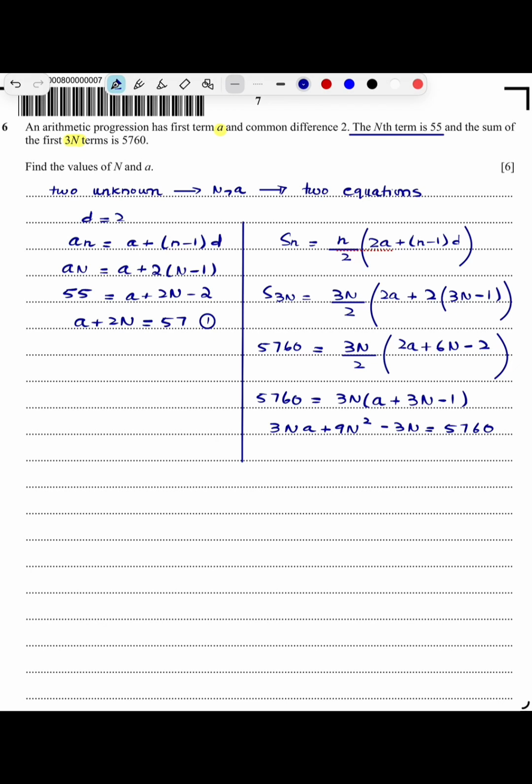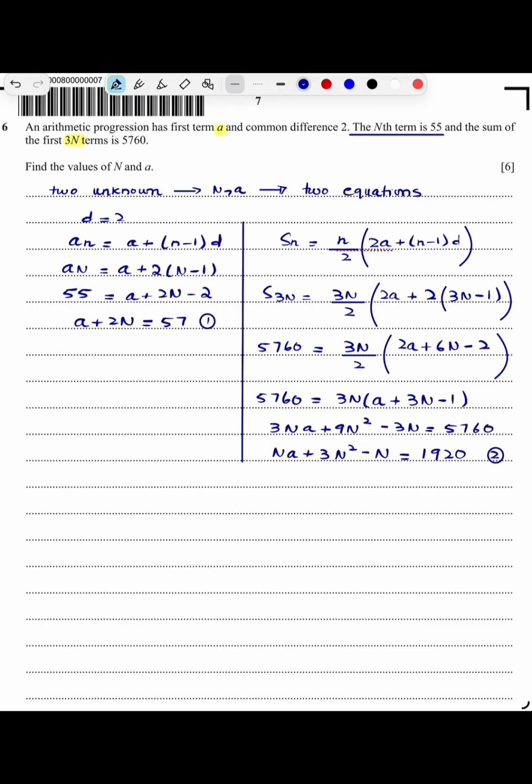And let's divide through by 3. I'll get na plus 3n squared minus n is equal to 1920. So yes, this is my equation number 2.